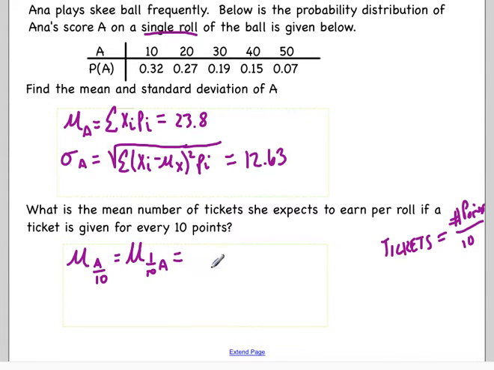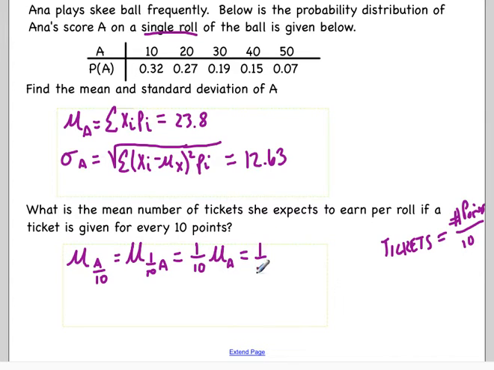So this is applying big idea number 3. We're multiplying by a constant. I think on your sheet it's 3b, big idea 3b. So we can take that constant and multiply it by the original mean.